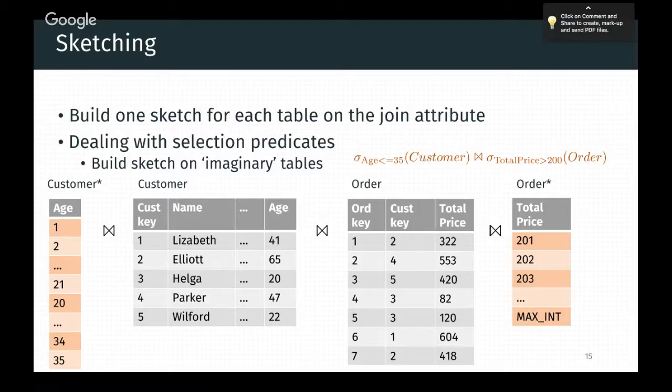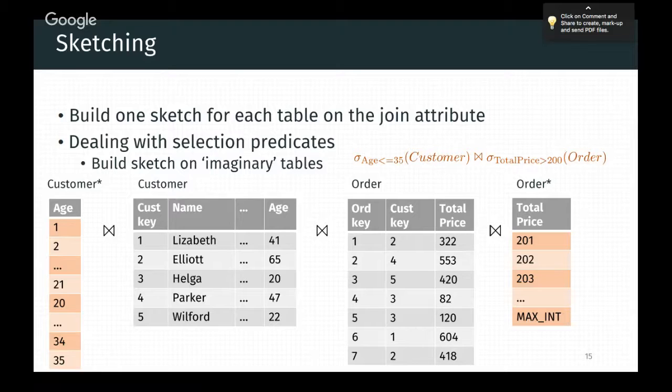And for total price greater than 200, they make another imaginary table that contains all values that satisfy the predicate. And then they build a sketch on these imaginary tables. Then they do the estimation using the sketching method.